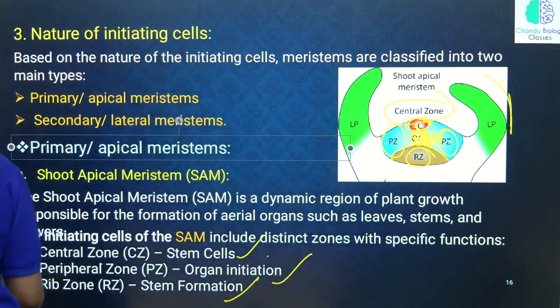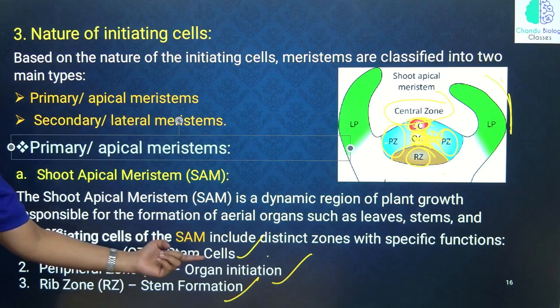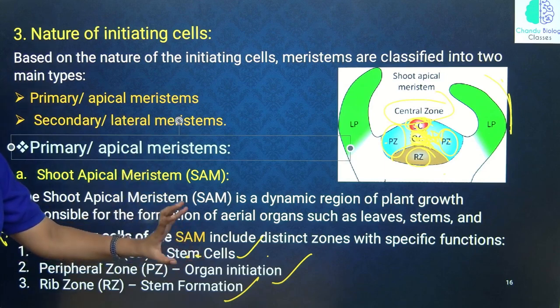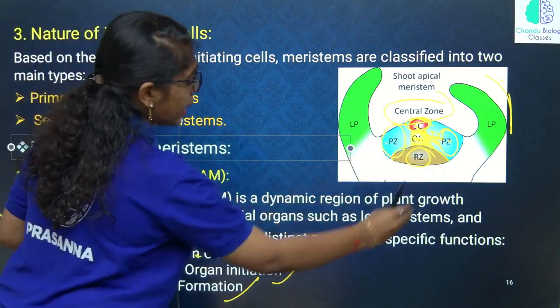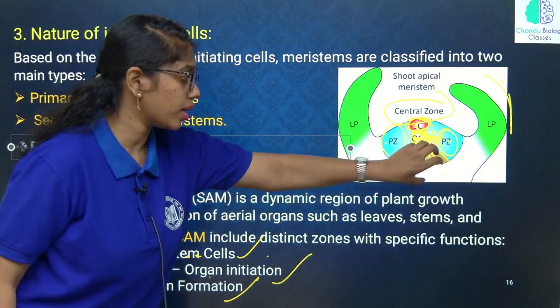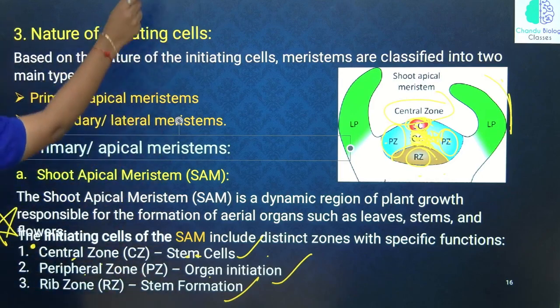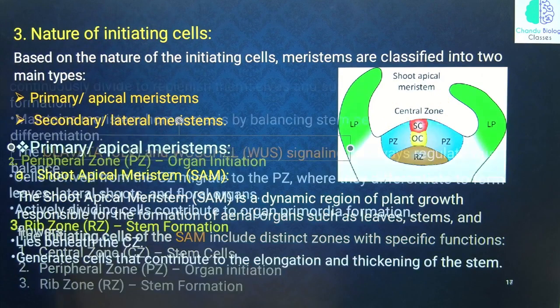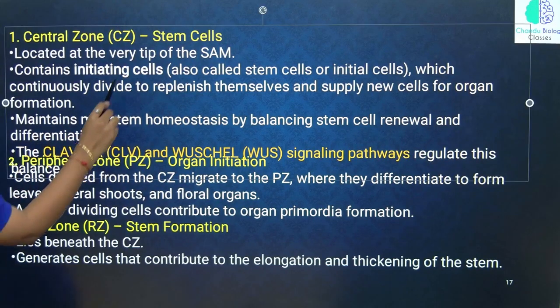These three functions are most important, friends, you have to remember. Central zone will give rise to stem cells whose activity is only division. Peripheral zone, which is at the sides, conducts organ initiation, and rib zone, which is at the bottom, is involved in stem formation. Yes. Now, if we look into here, just a second.